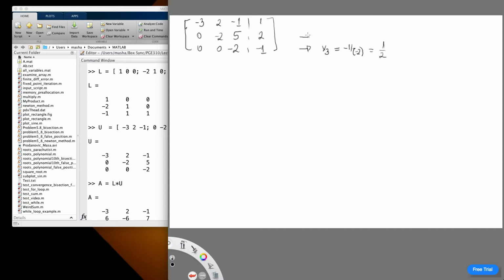Then I put that in here. Minus 2x2 plus 5 over 2 is 2. 2 is 4 over 2. Minus 5 over 2 is minus 1 over 2, right? Divided by minus 2, what is my x2?